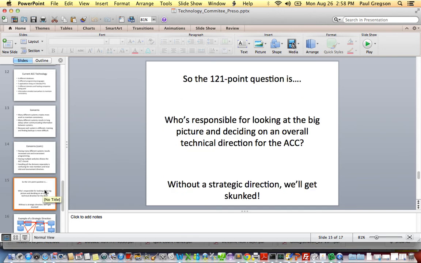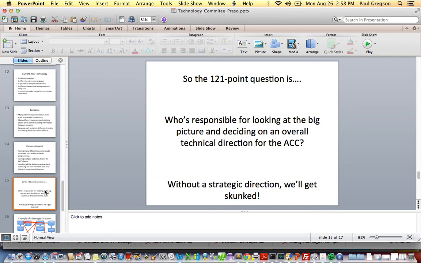So the big question becomes, after seeing all of this and understanding all the concerns, who's actually responsible for looking at our technology from a big picture perspective and deciding on an overall technical direction for the ACC? Where are we trying to go?